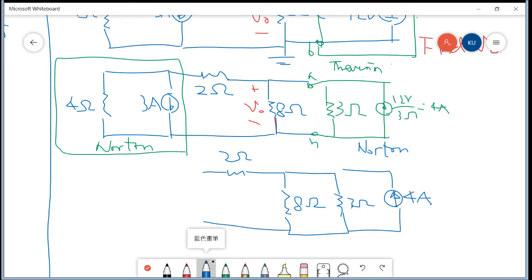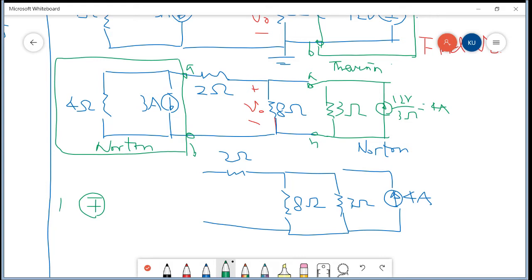This is A, this is B. This one is Norton, and thus the current source is pointing down, so the voltage source is also pointing down.